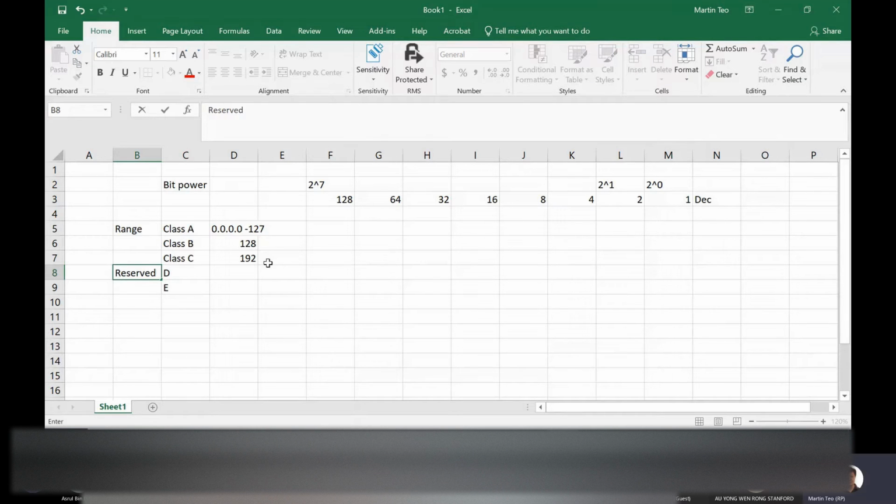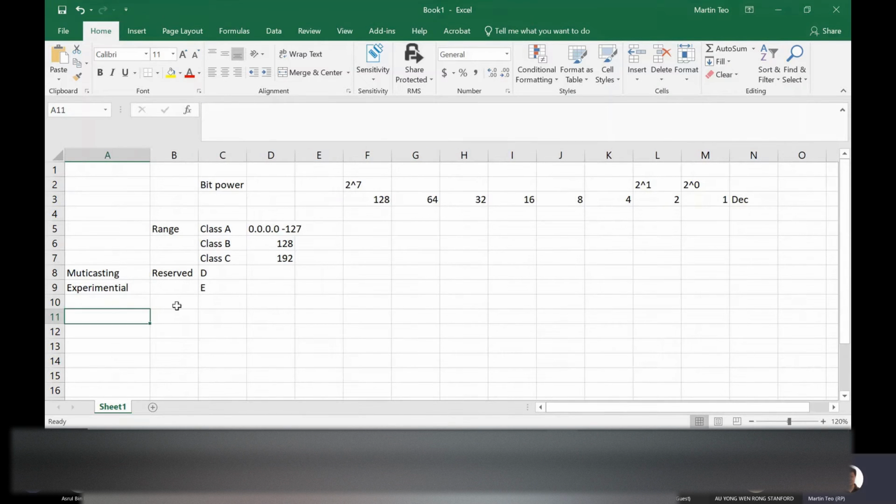Reserved for what? If I'm not wrong, class D is for multicasting, and this one is for experimental purposes. So this will be reserved.